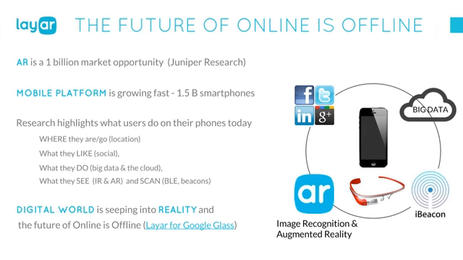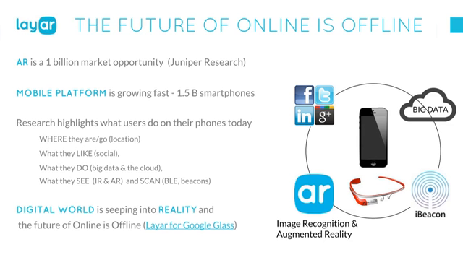One of the most interesting facts here is research going on by Juniper, that AR is probably around a $1 billion market opportunity. And not to mention that the platform, the mobile platform, is growing really fast, right? We have 1.5 billion smartphones around the world.